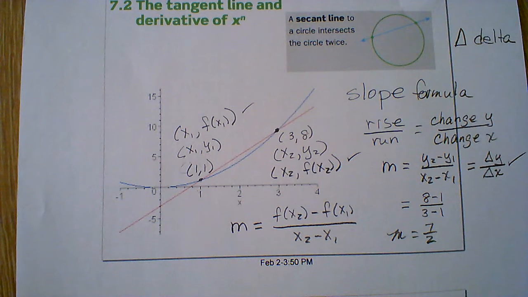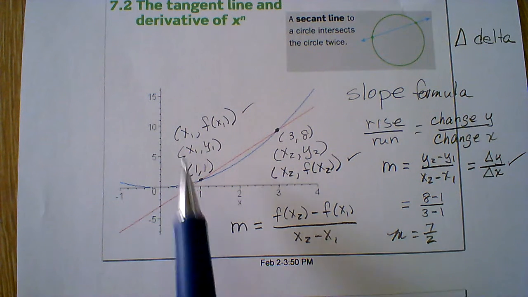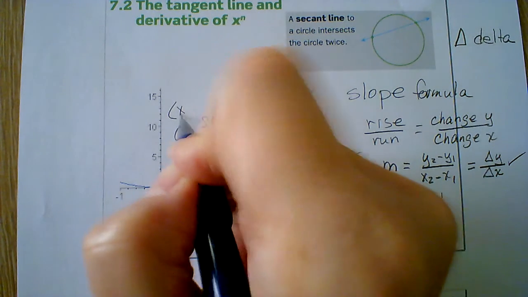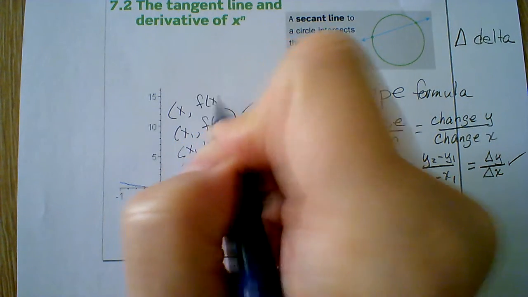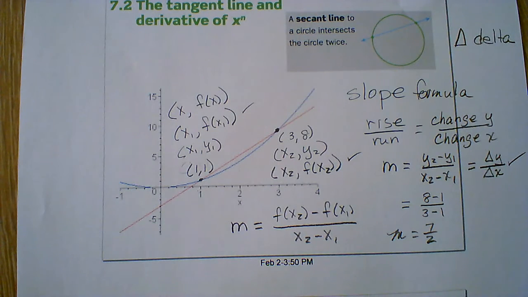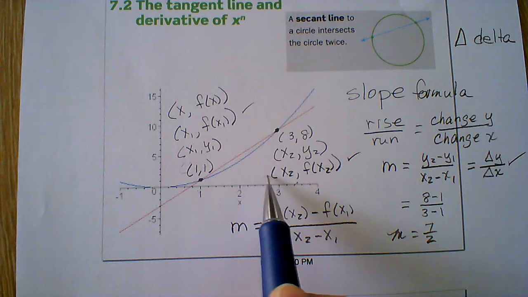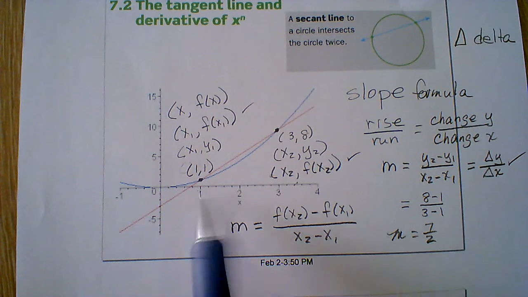So now we're going to make a big change. If I decide to just call this point x and f of x, I have to come up with a new name to call this point. So if I'm here, and in order to get here, did I add or subtract to my x value? I added to my x value, agreed?